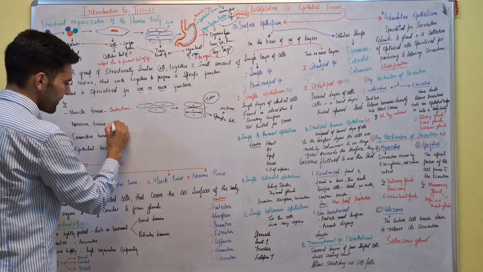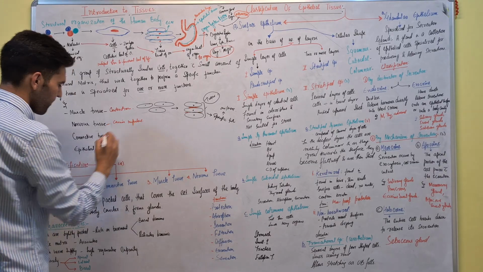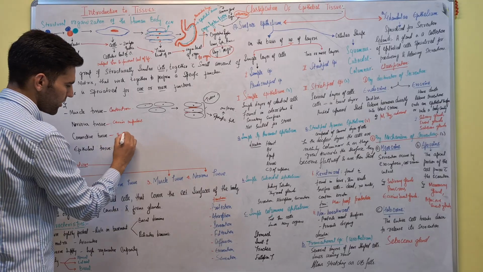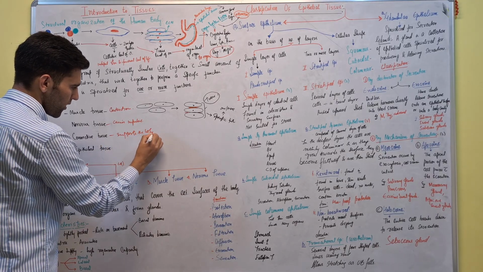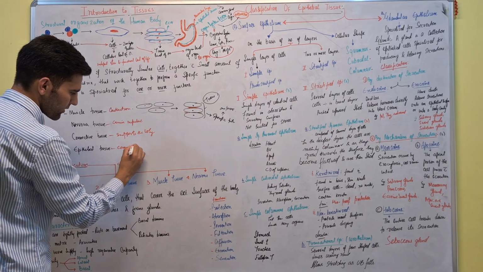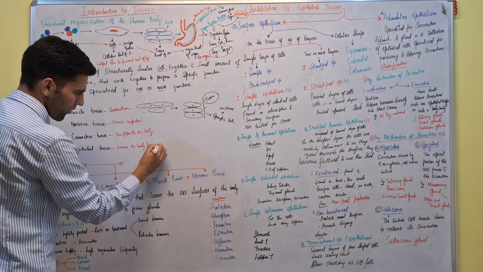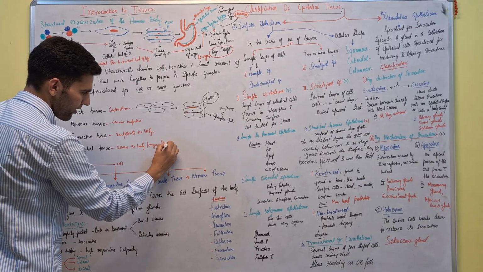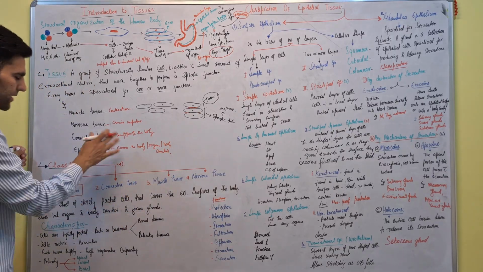Nervous tissue carries impulses. Connective tissue supports the body. And epithelial tissue covers the body, organs, or body cavities. So these are general functions.